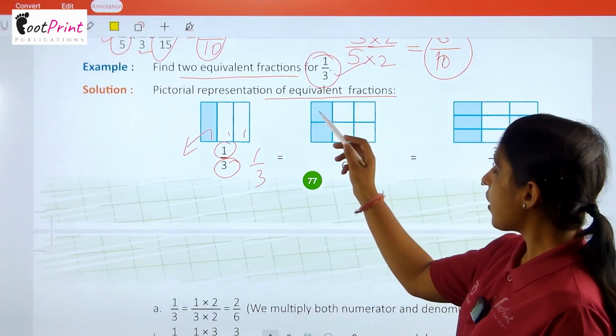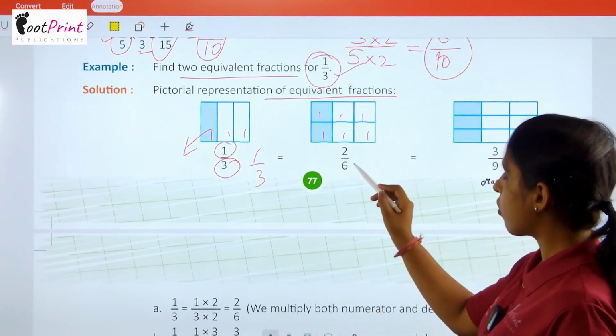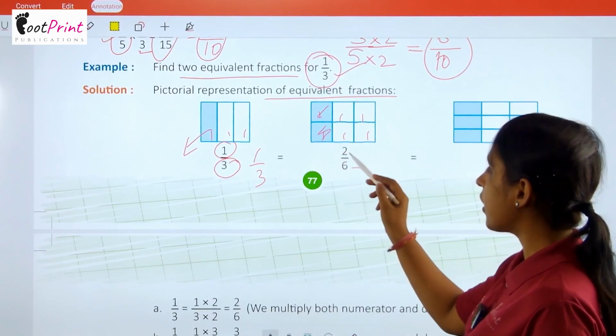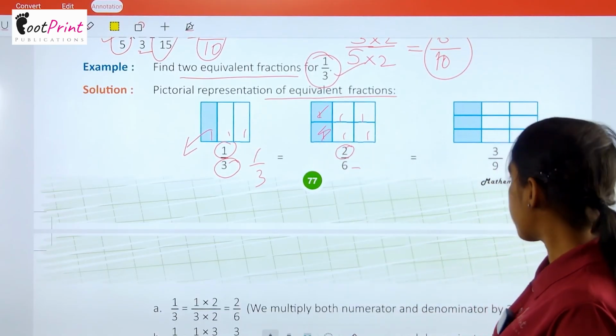Here we have 6 parts, so 6 is our denominator and 2 parts are shaded, 2 is our numerator.